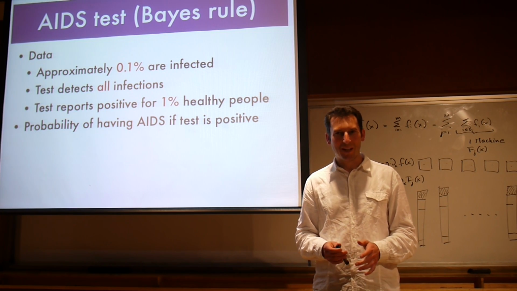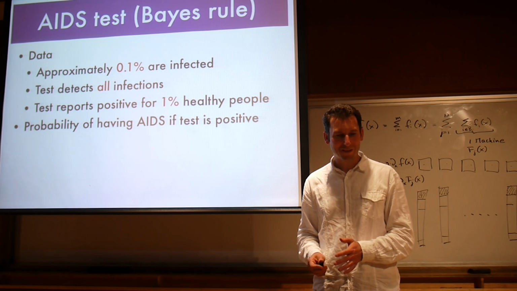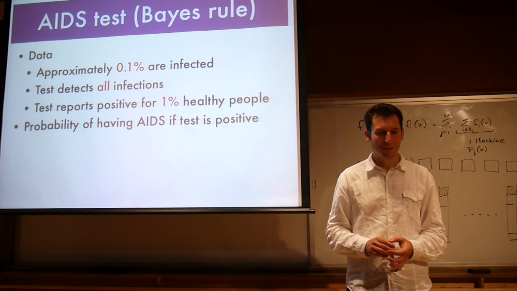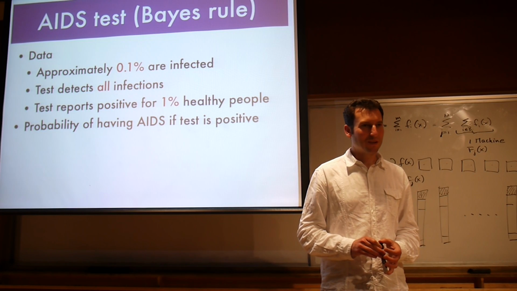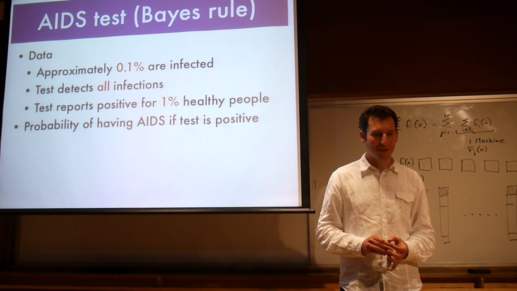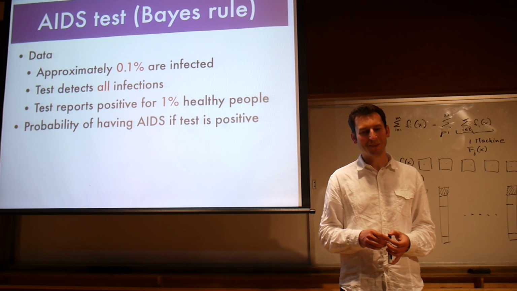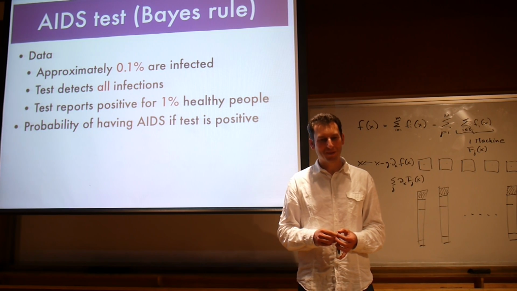And suppose I had a test that detects all infections, but it also reports positive for 1% of all healthy people. And so I go to the doctor, and he comes back with a very serious face and says, well, the test reported back positive.